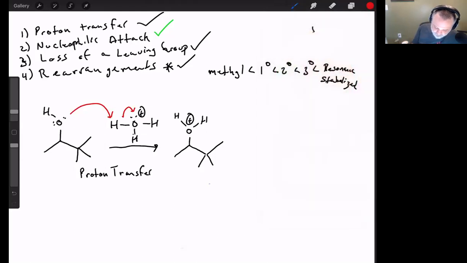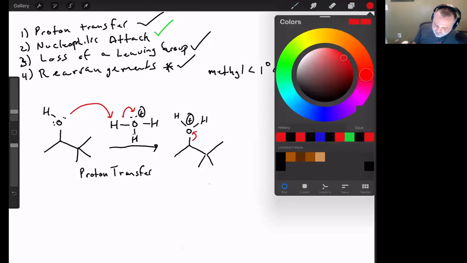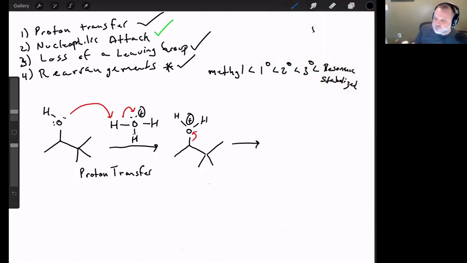First one to type the result of this mechanistic move in chat gets $1. I did. I got a charge on it. Yeah, that's exactly right. This is a loss of a leaving group. So I did a proton transfer. I did loss of a leaving group.